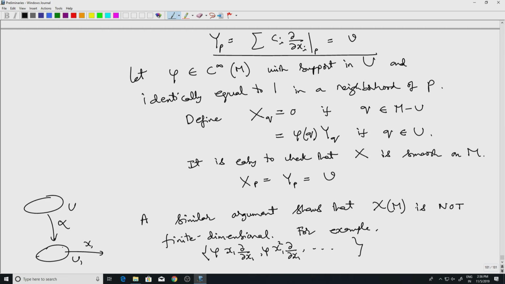So when I say x1, what I mean is alpha 1, the first component of alpha, etc. And this del by del x1, we know what it means. It is the del by del x1 here, which has been transported back to the manifold by the derivative of alpha inverse. Right. So for example, this set is linearly independent.